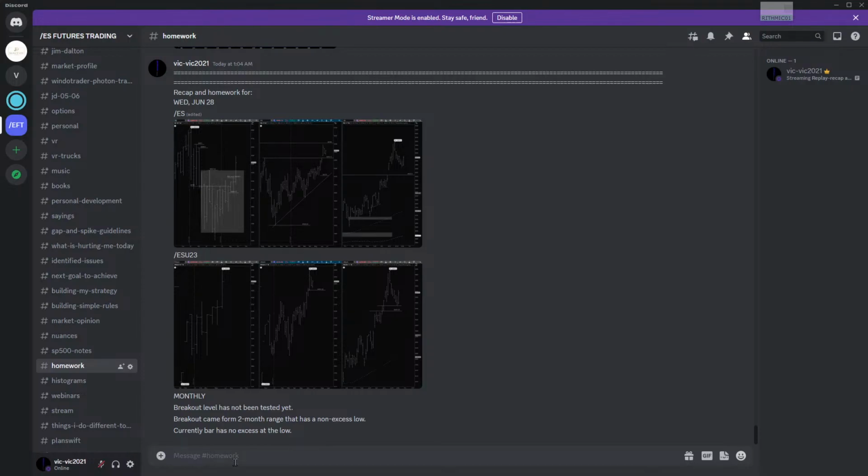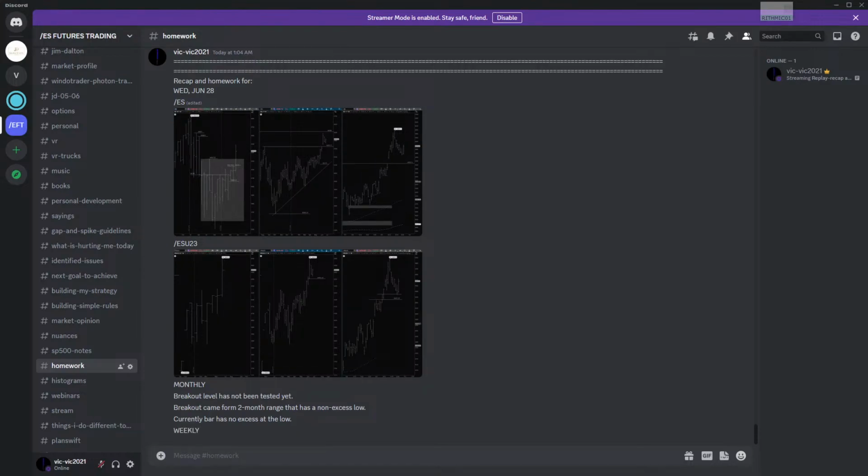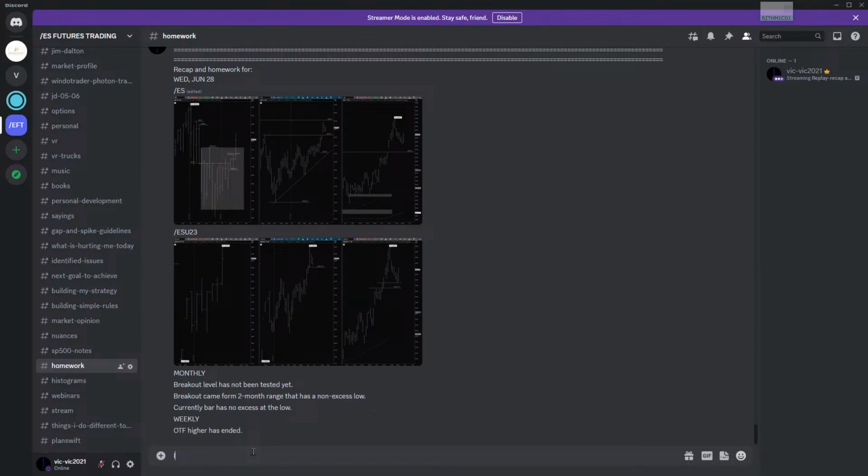Now the weekly. I think it is better doing it this way than doing one at a time. One time frame higher has ended inside.